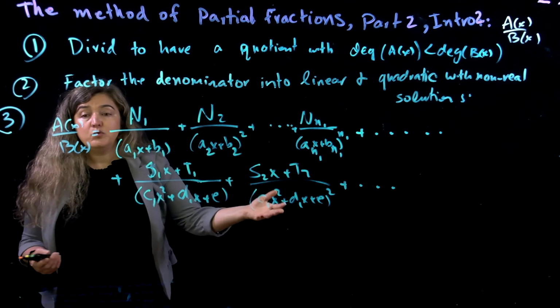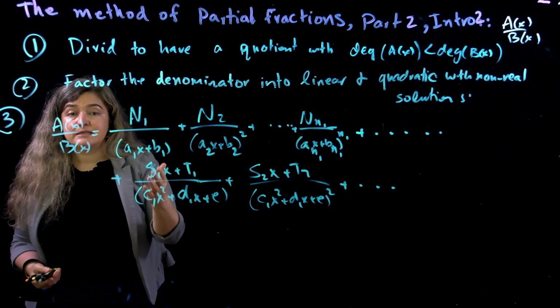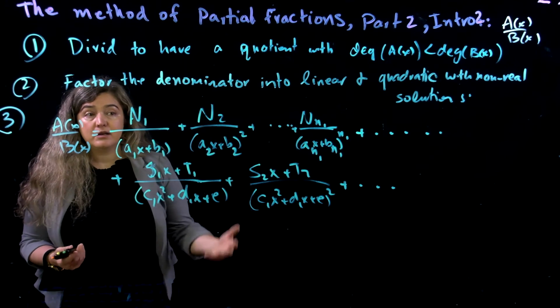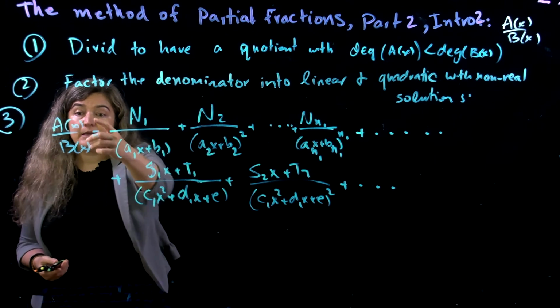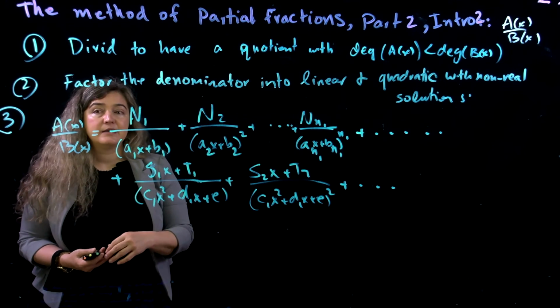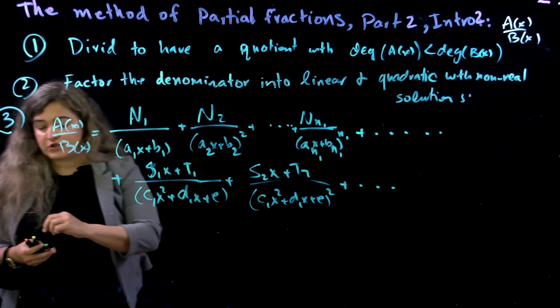When you add all these fractions, you get the same thing as b of x in the denominator, and you're supposed to get the same thing as a of x in the numerator.